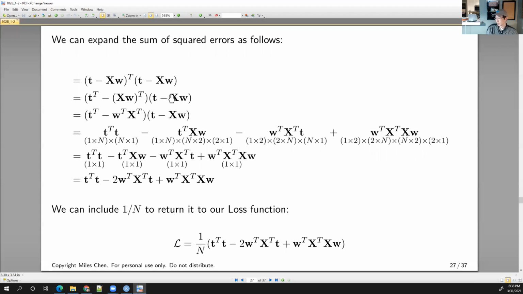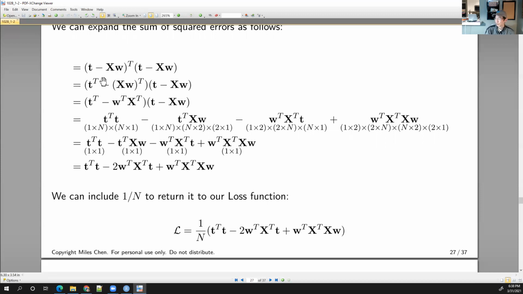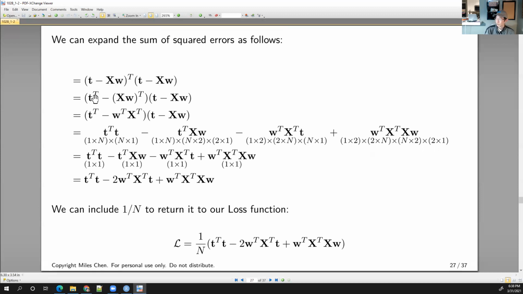So we have T minus XW transpose times T minus XW, and I want to expand this out. I don't know if you remember your rules for applying transpose: for addition and subtraction, the transpose applies to the individual elements being combined, and you don't have to switch any elements.